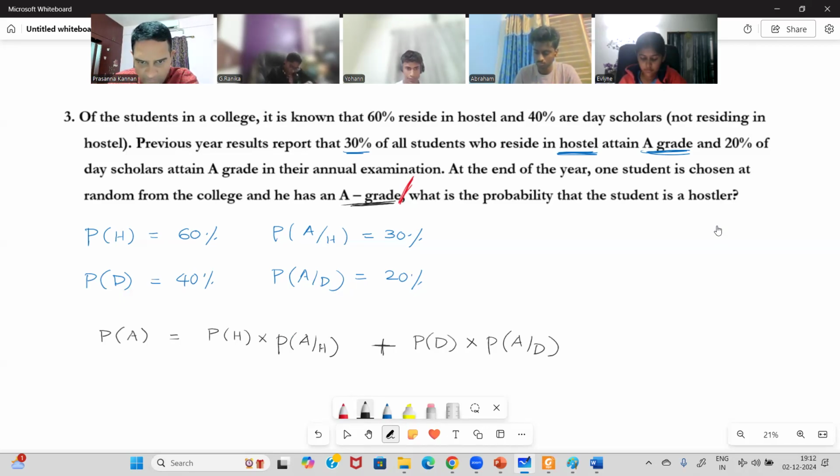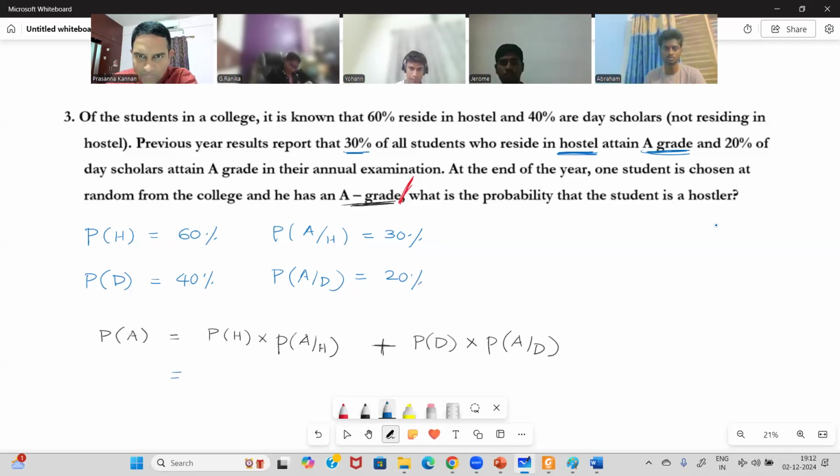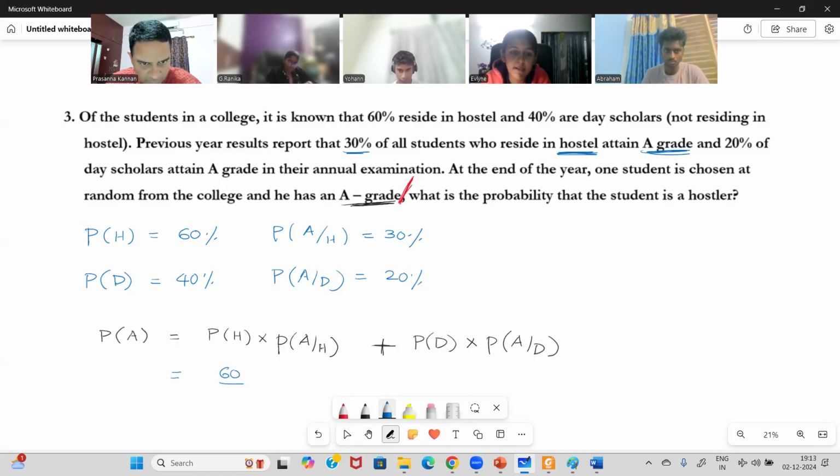All right. Very good. Now, Evelyn, can you take me from here? Yes, sir. So P of H is 60% and P of A by H is 30%. You call it P of A given H. Yes, sir, sorry. No problem. And P of D is 40% and P of A given D is 20%.